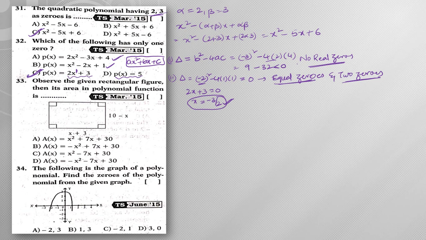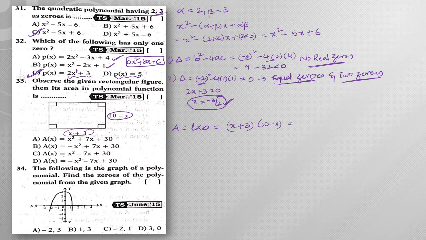Right. Next, moving on to question number 33. Observe the given rectangular figure. Then its area and polynomial function is. Already we know about the area of a rectangle. Area of rectangle is given by length into breadth. What is the length? x plus 3. What is the breadth? 10 minus x. So x plus 3 into 10 minus x.